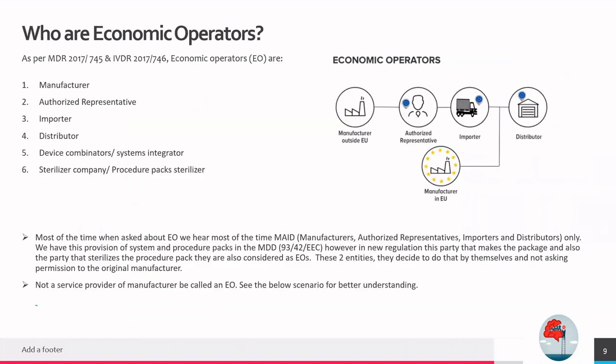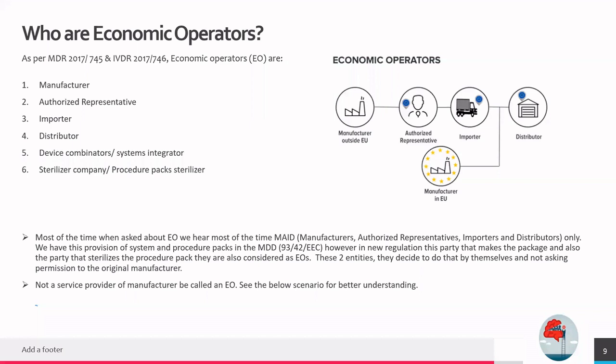By now, you all know the MAID parties. M for manufacturer, A for authorized representative, I for importer, D for distributor. Most of the time, when asked about economic operators, we say MAID parties. But apart from that, we have two other parties also in MDR and IVDR: device combinators or system integrators, and sterilizer companies or procedure pack sterilizers.